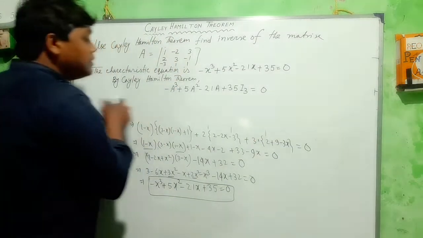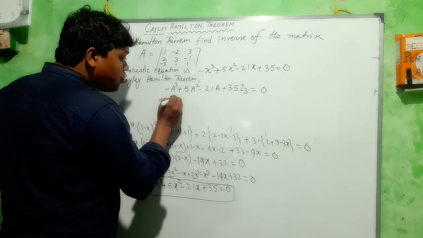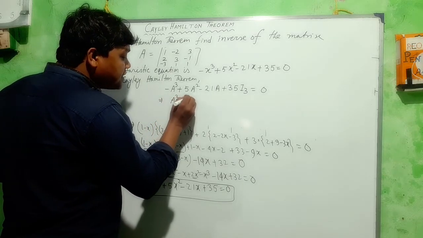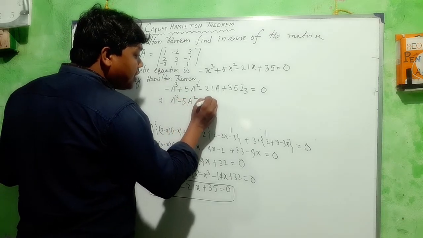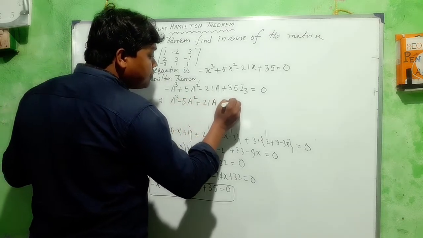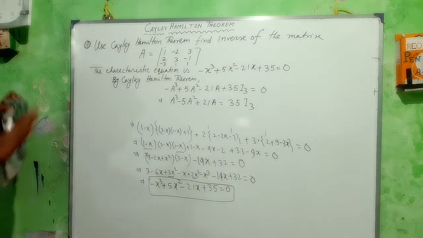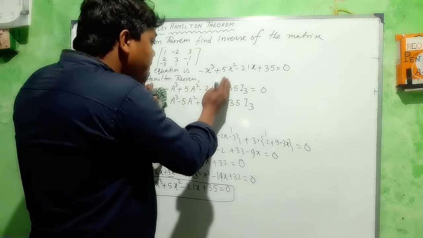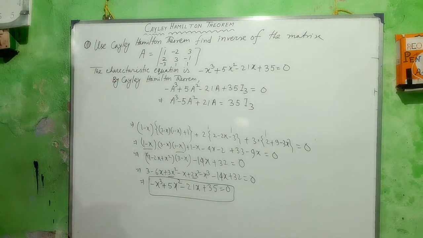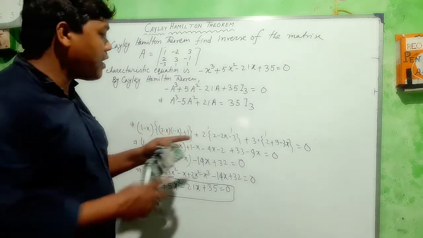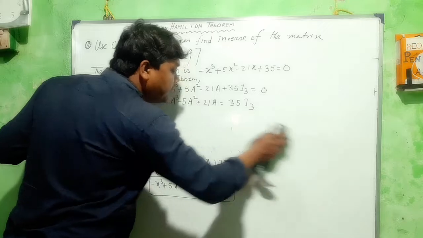So now that gives A cube minus 5A square plus 21A equals to 35 I3. Am I right? I took the 35 I3 to the right side and just swapped. A cube minus 5A square plus 21A equals to 35 into I3.